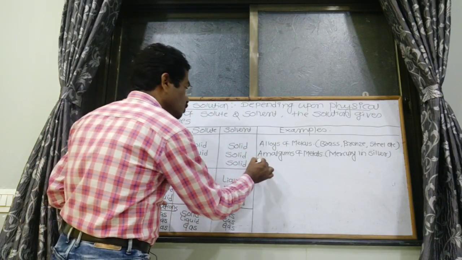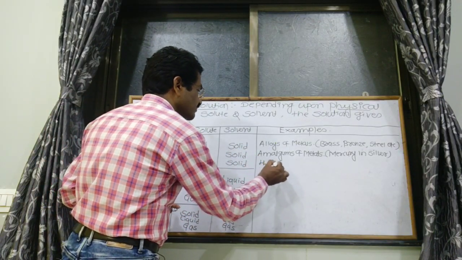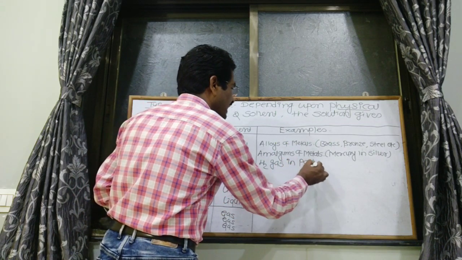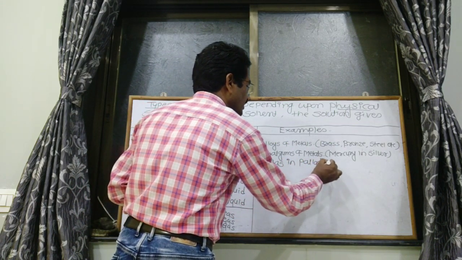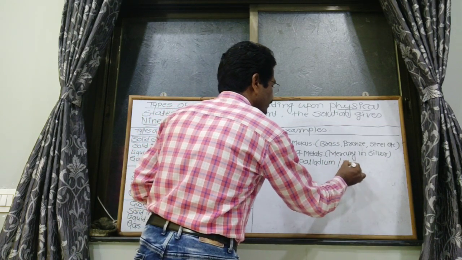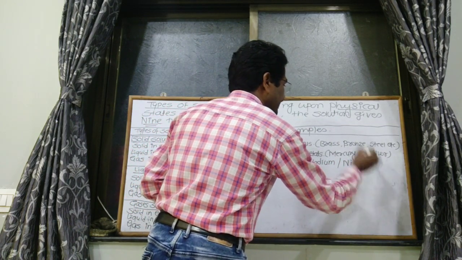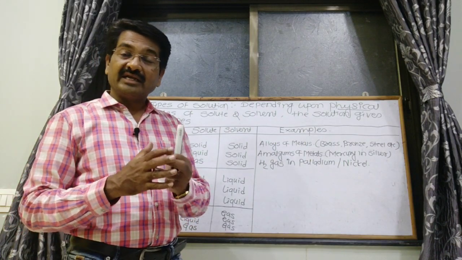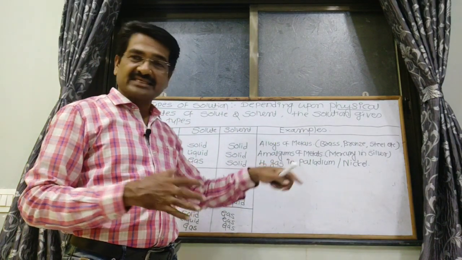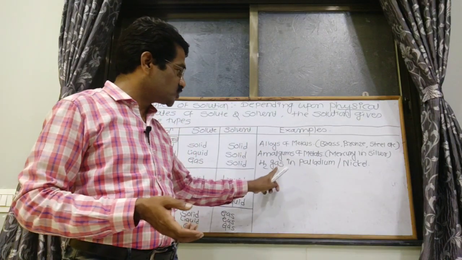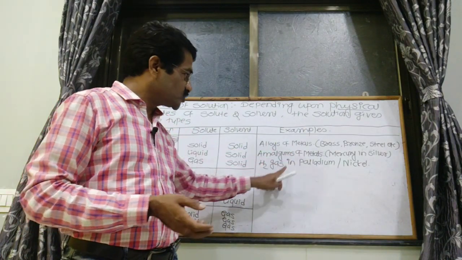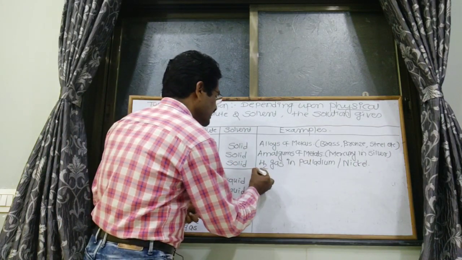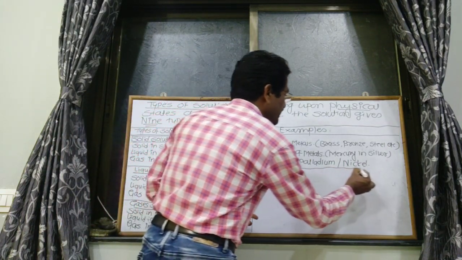So H2 gas in palladium or nickel. Whenever palladium or nickel is heated, it gives the H2 gas, and that combination is called H2 gas in palladium or H2 gas in nickel. So all these are examples of solid solutions.